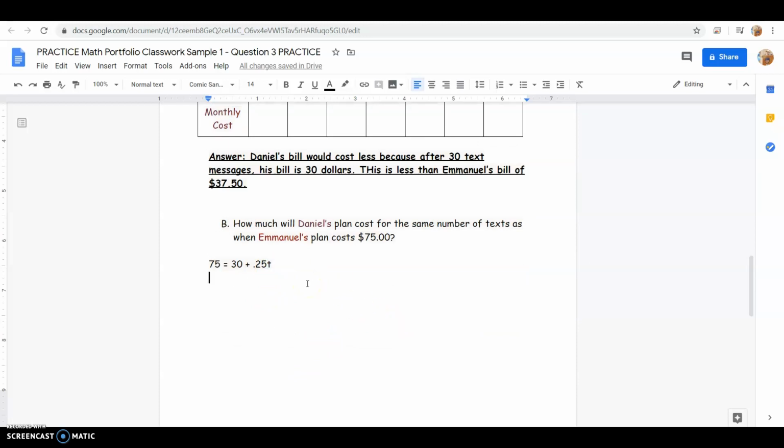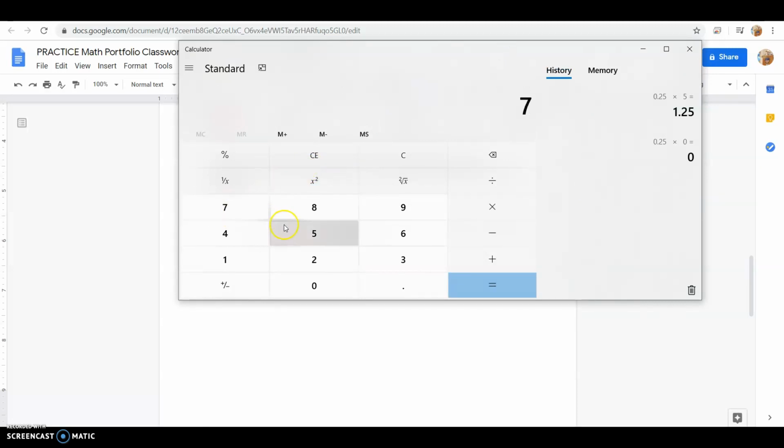Now, it's a real simple process to figure this equation out. If you remember the other lessons that I've posted, when you're solving step equations, you need to isolate the variable, and you do that by doing the opposite or inverse operations. So the first thing that I would do here is get rid of this constant, this 30. So if we do minus 30 on each side of the equal sign, minus 30 on the left side, minus 30 on the right side, we should get 75 minus 30 is 45.